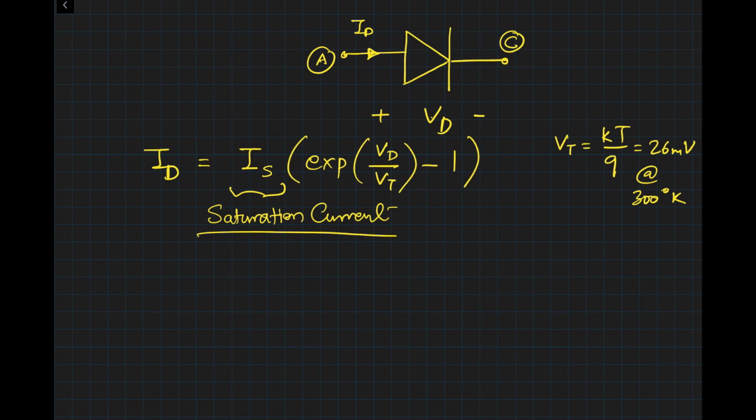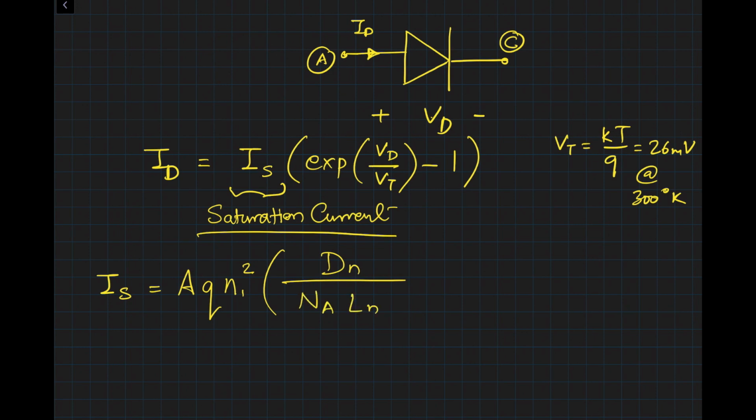So this current IS is given by, IS will increase if the cross-section area of the diode is increased. So of course there is an A. IS has Q term in it. It has also Ni square, and then Dn divided by Na Ln plus Dp divided by Nd Lp.